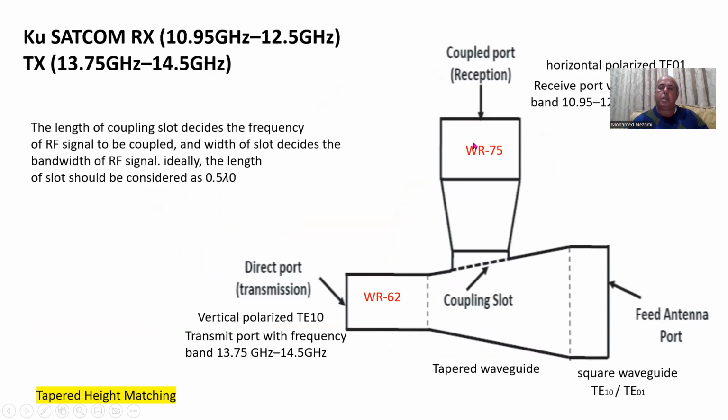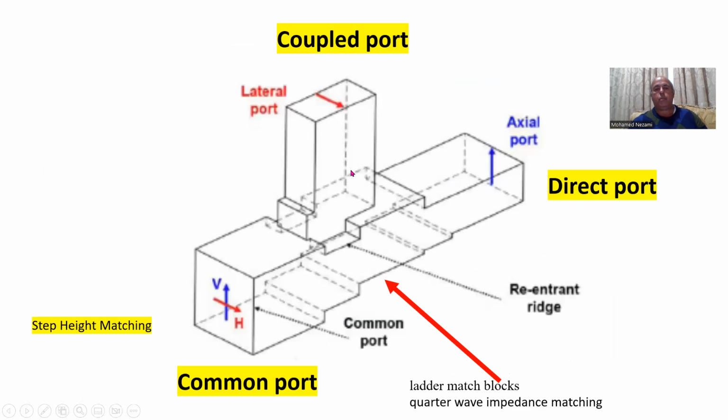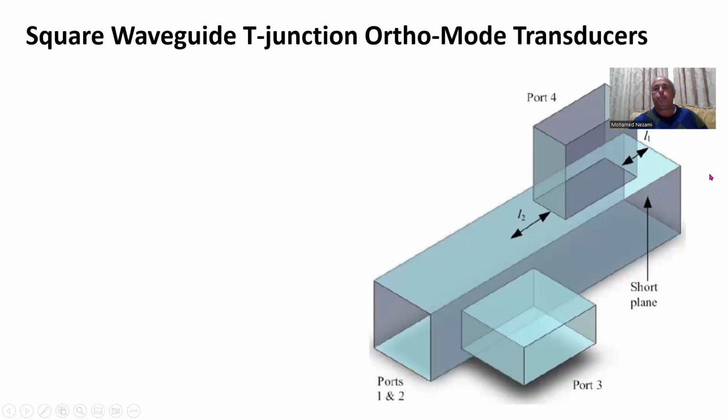And as you can see in here, this is a standard WR75, WR62. These are standard dimensions for this band here, which is the Ku band SATCOM transceiver allocation. Now, there are varieties you can see in the literature. Sometimes the stepping is done on one side only and so forth.